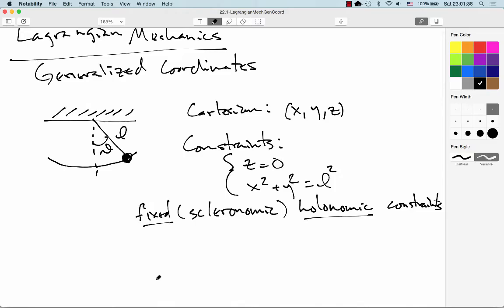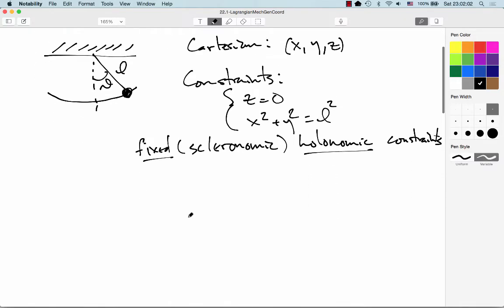Now, if we look at these constraints, sure, we are describing our position of our bob in xyz, but we already know z equals 0 for sure. And with this constraint, if we knew x, we get y automatically, or vice versa. So really, we only need one variable to describe the position of the bob.